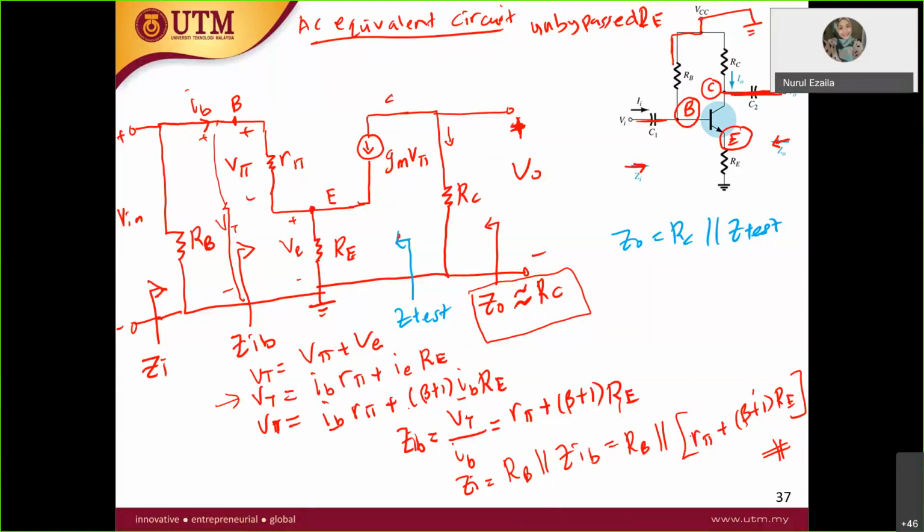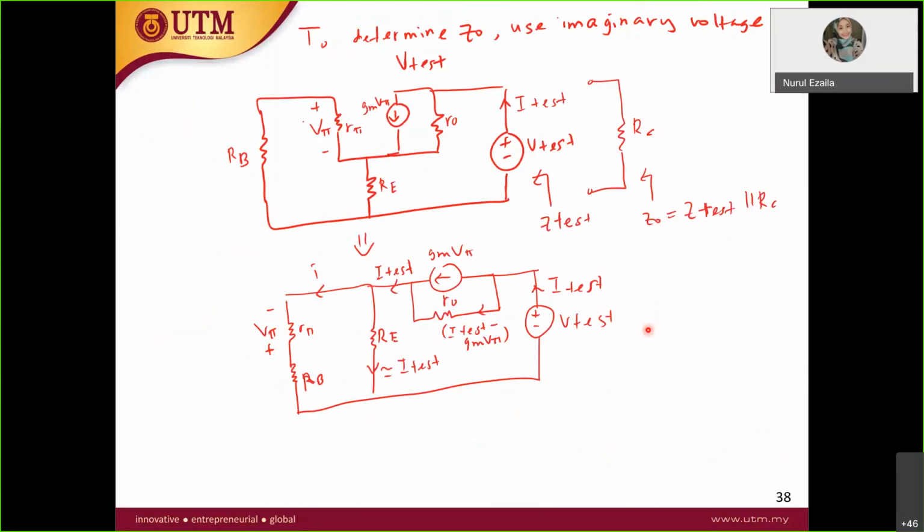You have to find Z test, if you still remember. We detach our E, and then we find Z test, and then finally R out and everything. So this one we ignore. Finally Z test is too large and you will get it equal to RC. But then we have to inject V test and I test like this, and then you find the Z test.